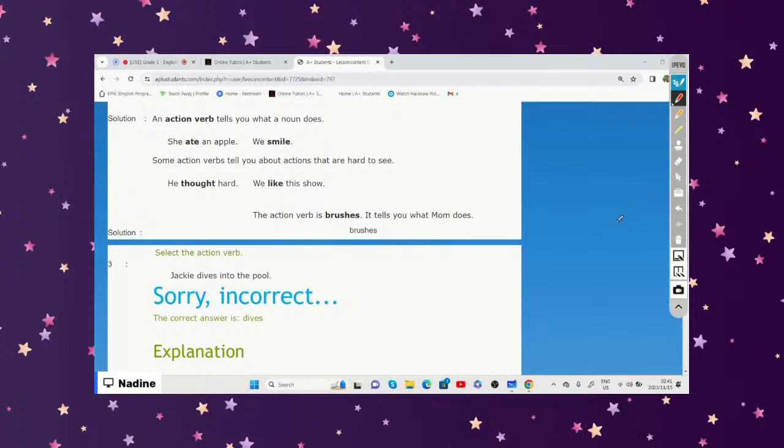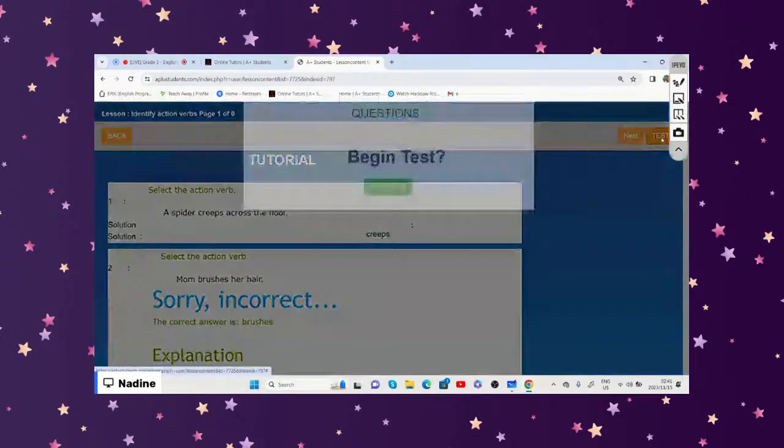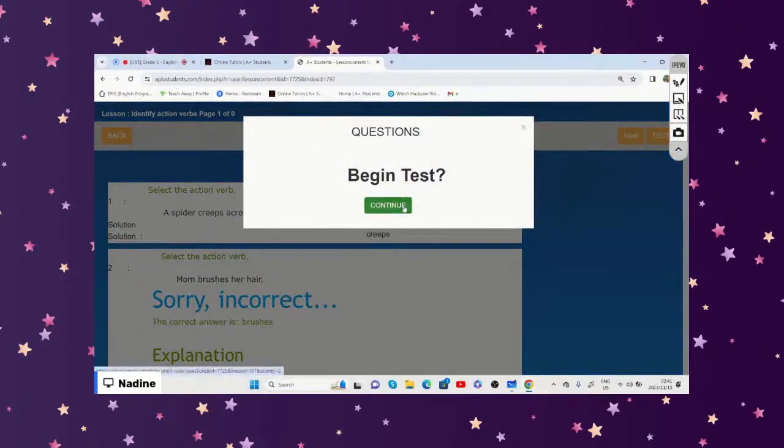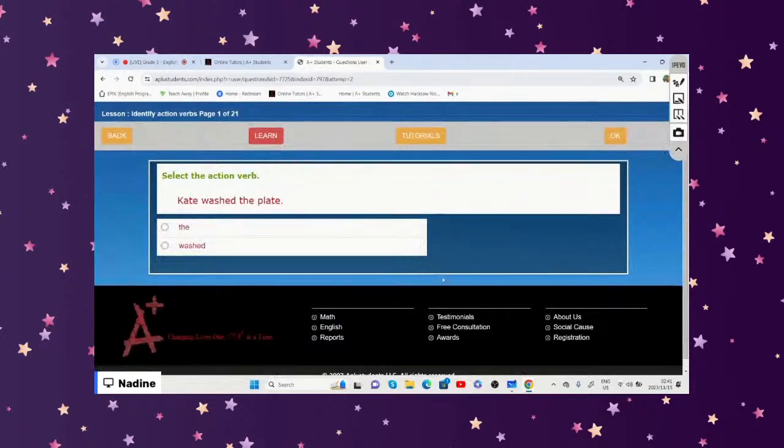Now let's go to our test. So we're going to begin our test right before we end our lesson. So we're going to select the action verbs.